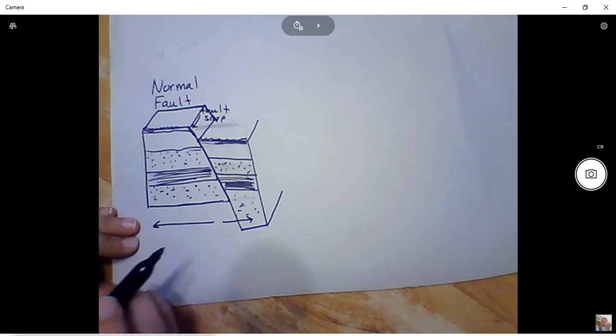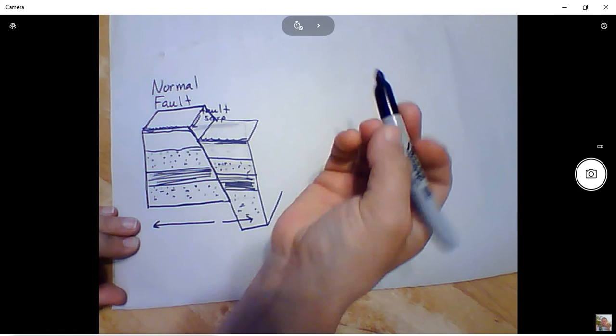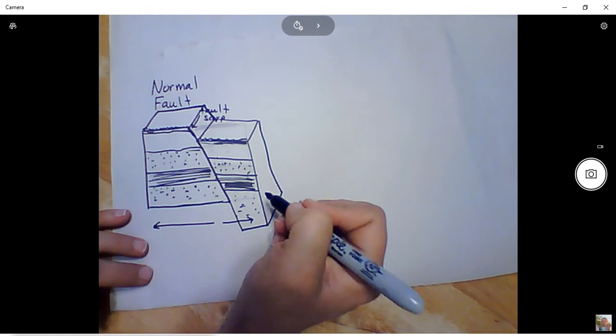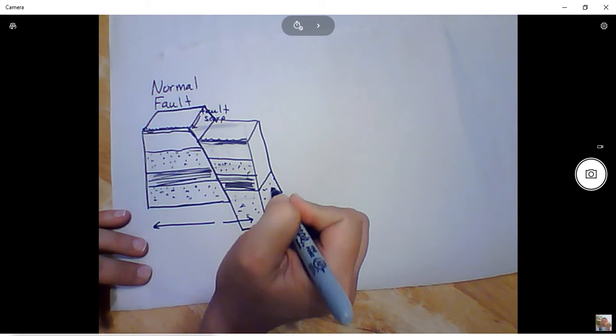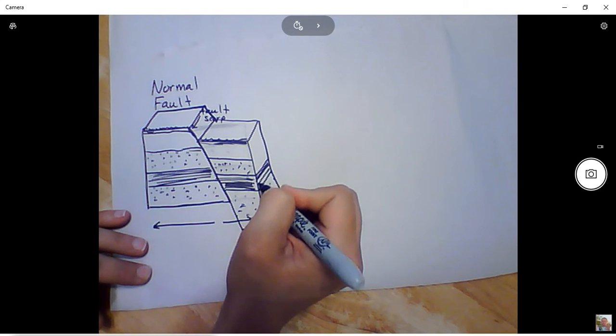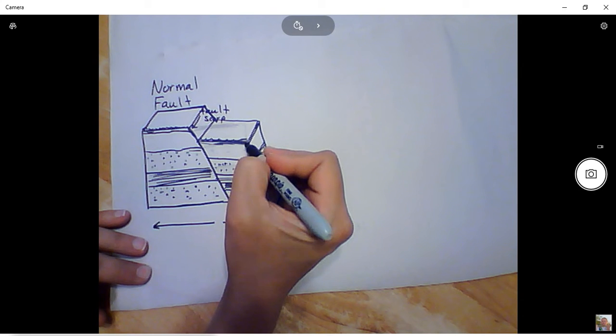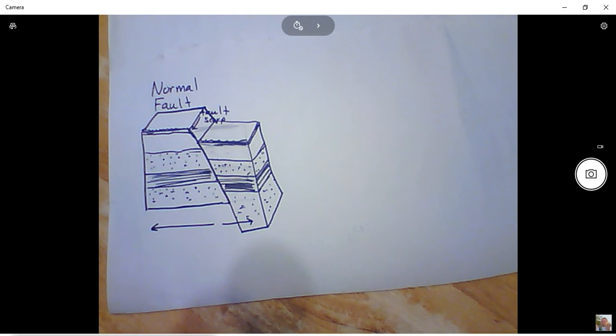We're going to have sort of the same thing where we have one side that's going to have a fault. Go back on this one and enter your fault plane here. I forgot to write that in there. It's probably very important. Anyway, so we've got this, and we're just going to basically have an opposite condition of what we have here. So I'm going to draw this first block first.